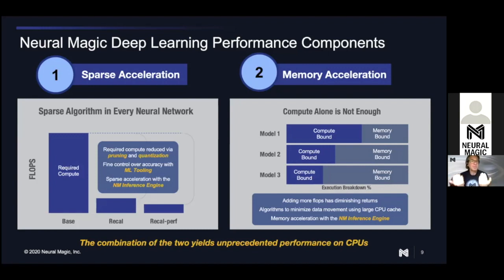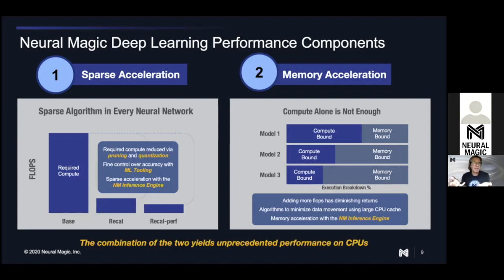This is where our background in multi-core programming comes in. We understand how to accelerate the memory-bound pieces of those models. We take advantage of the large cache sizes and the unique architecture in the CPU to minimize data movement and accelerate those memory-bound pieces. These are all algorithms that are in our inference engine.